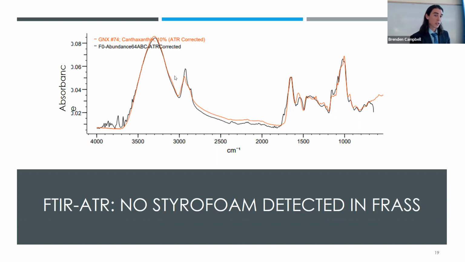There is a matching peak here, but that is just a carbon-carbon bond, which that carbon double bond is present in both polystyrene or Styrofoam, as well as in chicken feed and frass, which is made up of purines and uric acid, so they share functional groups there.